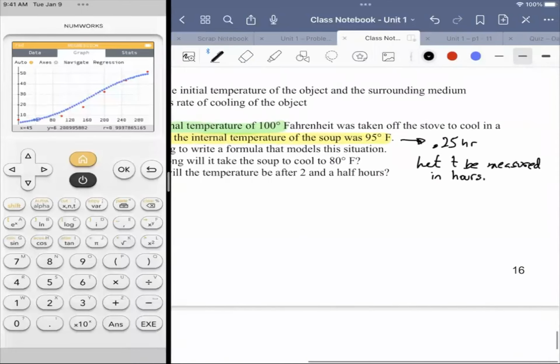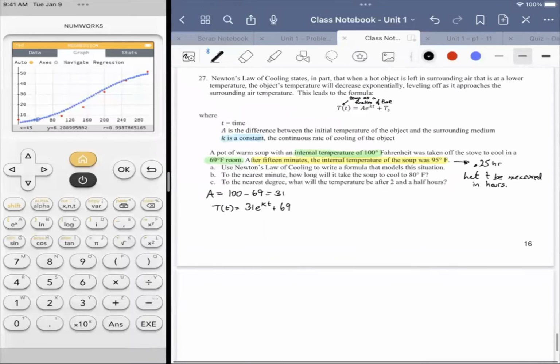Handwriting's a little iffy this evening. I tried to remount my wall mount for my iPad. Now it's kind of wobbly, and therefore my handwriting is a little wobbly.